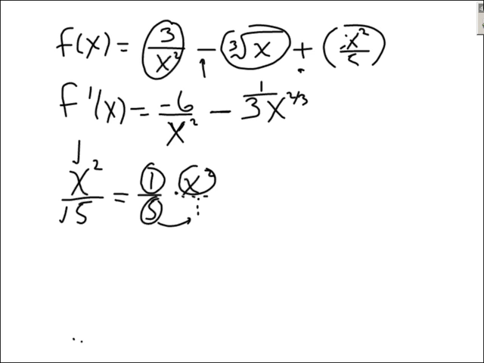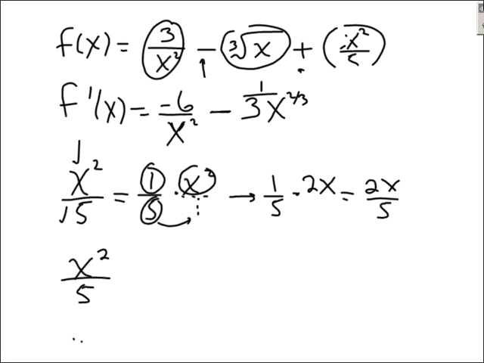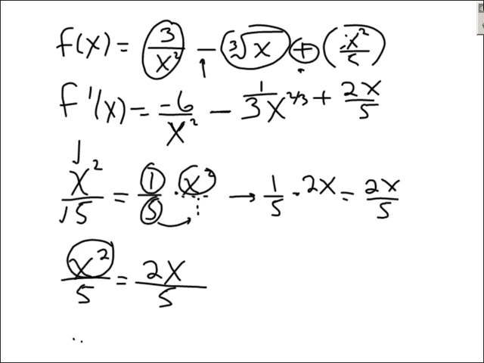Because the 1/5 is a constant, we're going to have 1/5 times the derivative of x squared, which is 2x, and you get 2x over 5. The easier way of doing it is, if there's a constant on the bottom, just keep it. The derivative of x squared is 2x. So we get plus 2x over 5. And that's the derivative of that function.